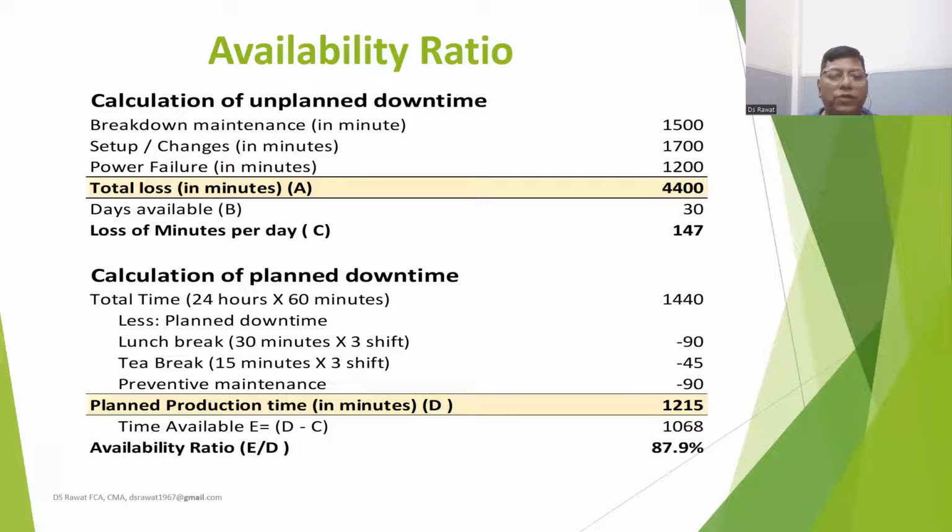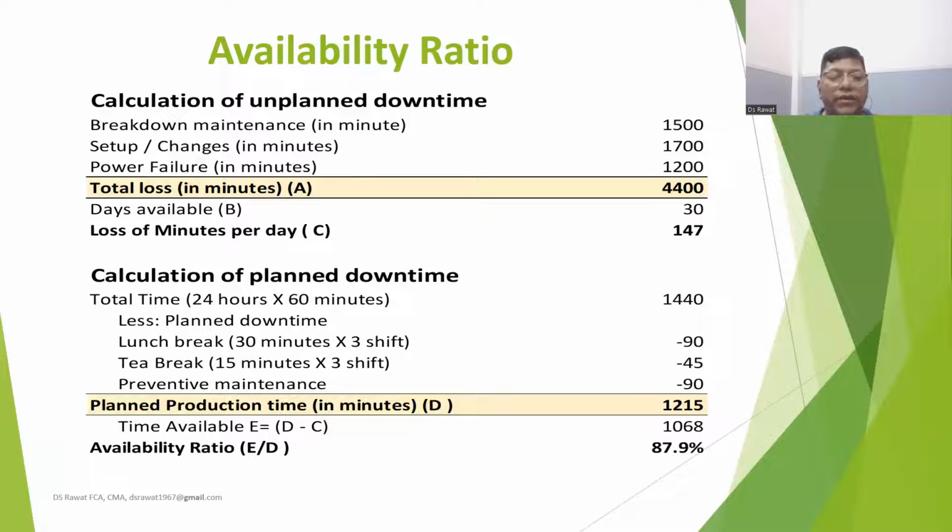Suppose during the whole month, 4,400 minutes are lost. Total days available is 30, and therefore the minute loss per day is 147. If we reduce 147 minutes from the plant production time in a day, then we come to 1068. That is the total time available for actual production.